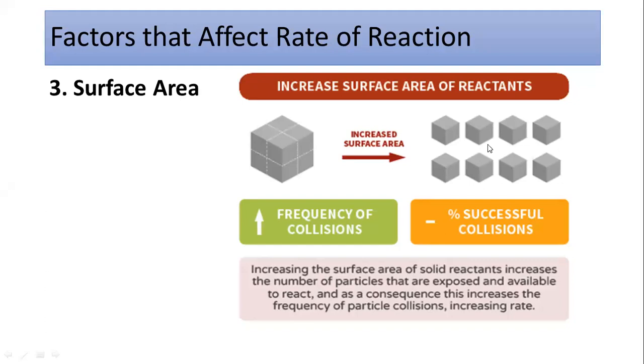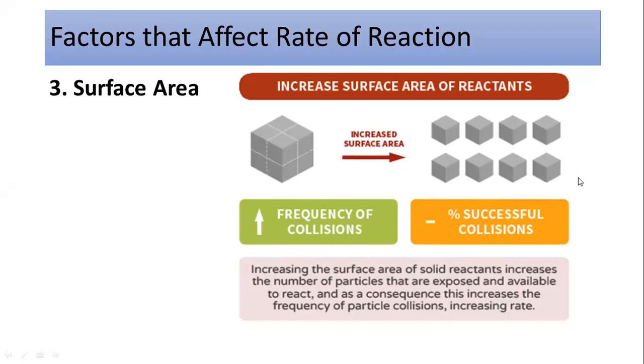So there is more possibility, and if there is more possibility, that means there is an increase in the frequency of the collisions. And when there is more frequency of collision, that means there should be more successful collisions. So in return, there will be a higher rate of the reaction.